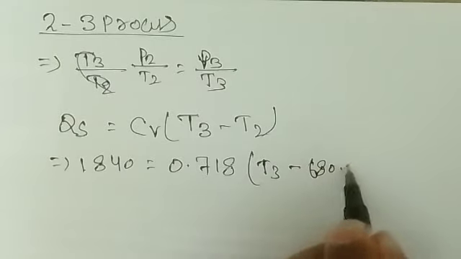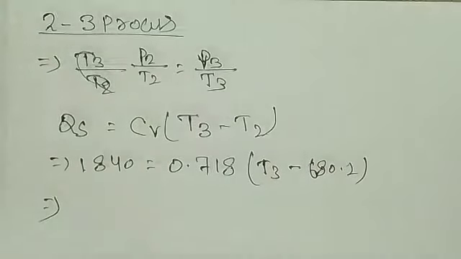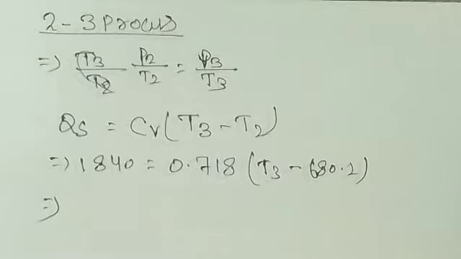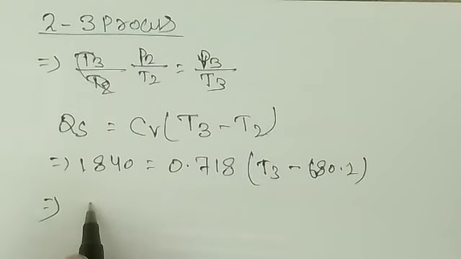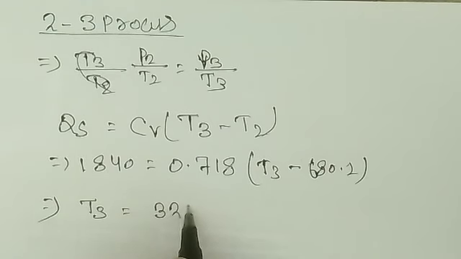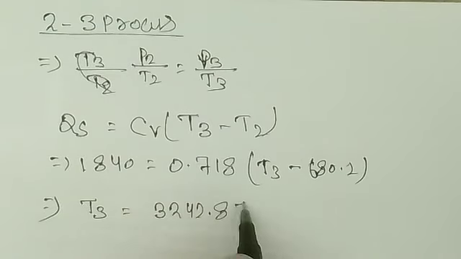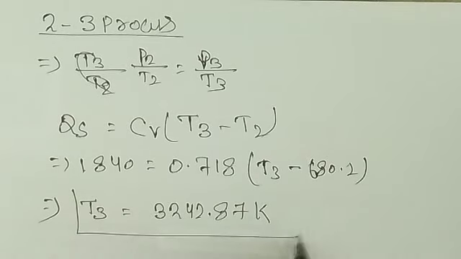When you simplify this, you get 1840 divided by 0.718, so your temperature will be 3242. So T3 is equal to 3242.87 Kelvin, right? So T3 we got.